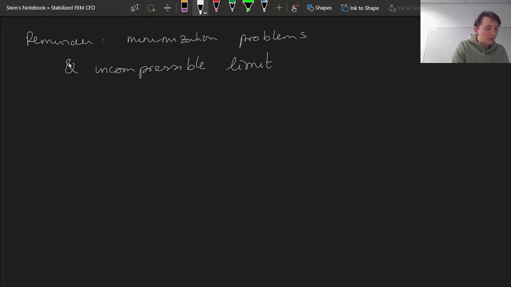So, minimization problems. How do you obtain a weak statement for the linear elasticity problem from the perspective of a minimization problem? Well, we have to define an energy potential. And of course, the energy potential that we're typically dealing with is the strain energy.